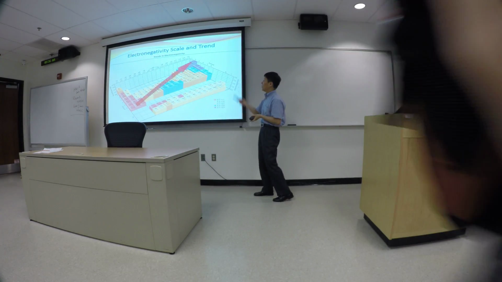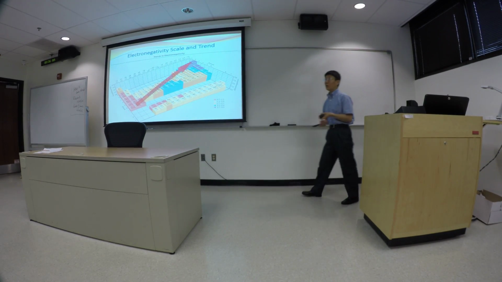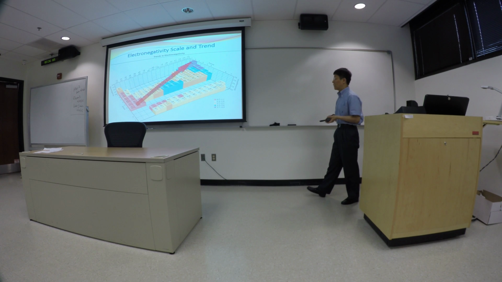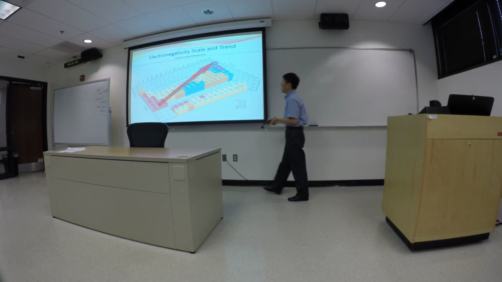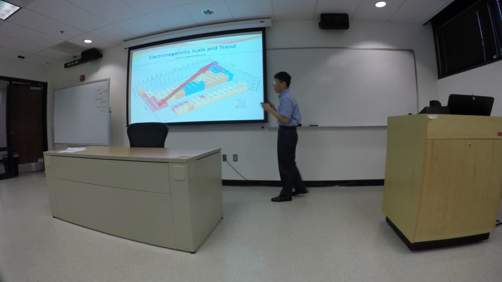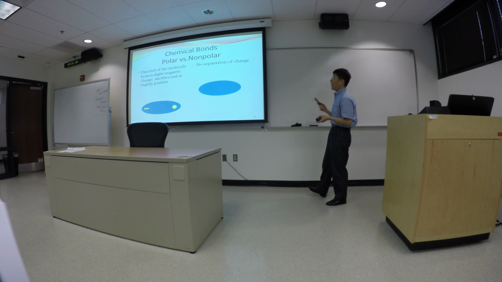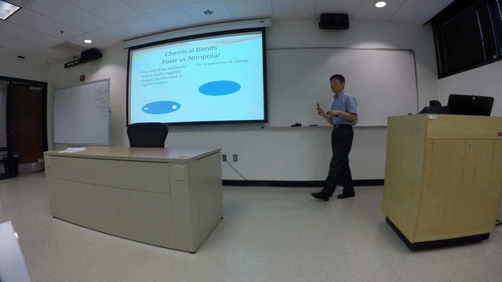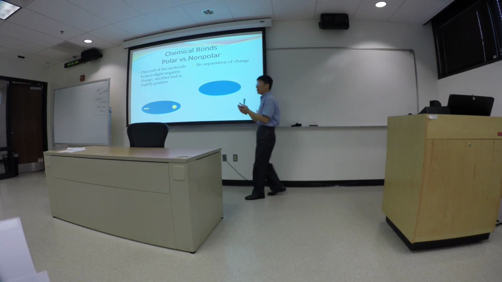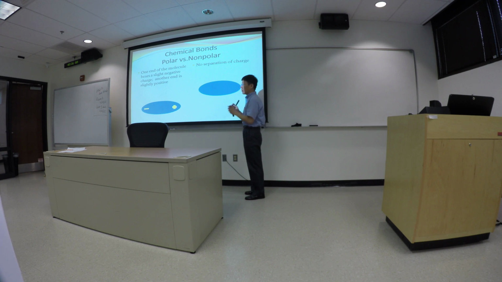When we talked about the periodic trends yesterday in chapter 8, we gave you this diagram, and this is something we do want you to remember: the general trend in electronegativity. Now, how do we use electronegativity to judge whether a particular chemical bond is polar or nonpolar?